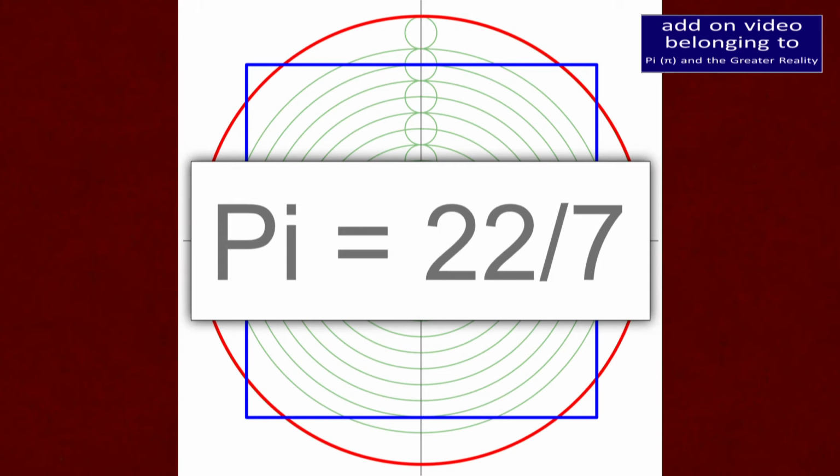And although 22 over 7 is not pi, it comes very, very close.